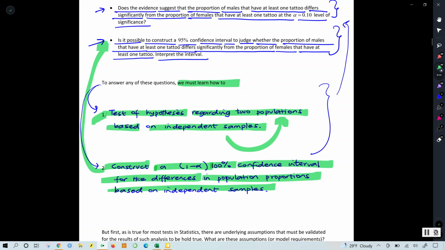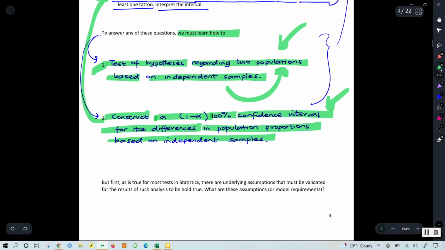In today's world, there is good news. The use of technology makes this analysis a lot easier. We do need to, however, focus on how we serve up the inputs into StatCrunch, which will be our companion technology, in order to help us conduct each of these types of analysis.